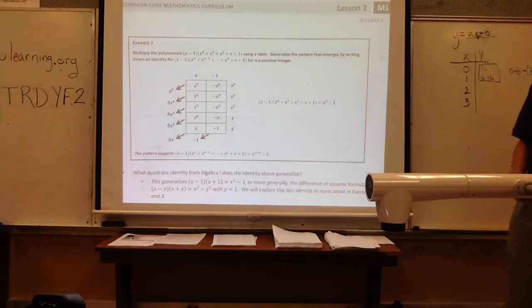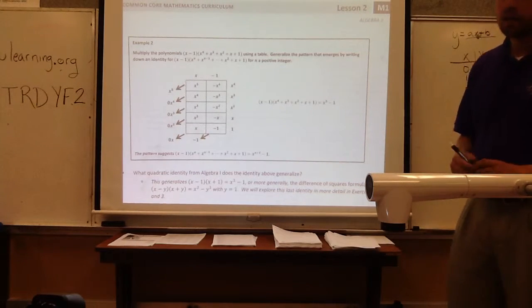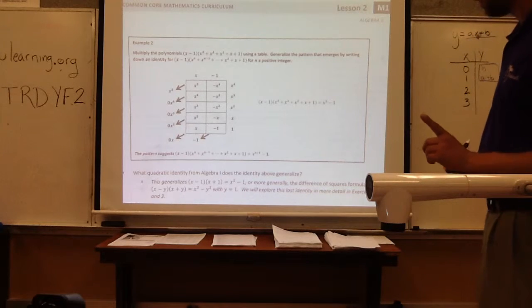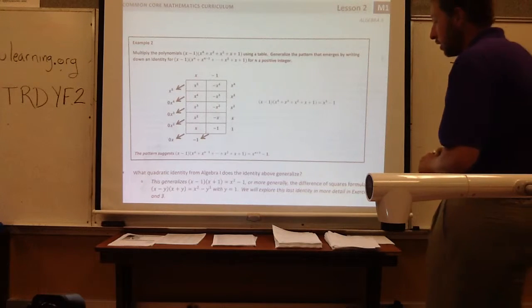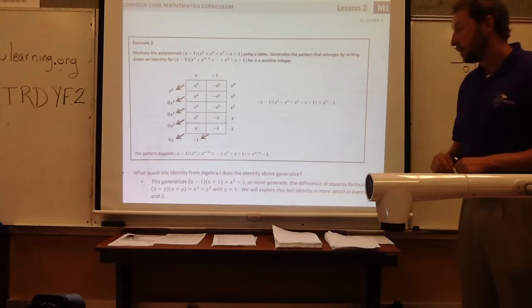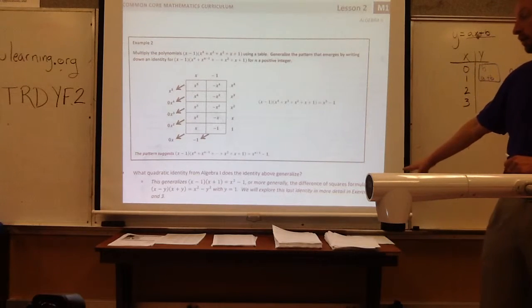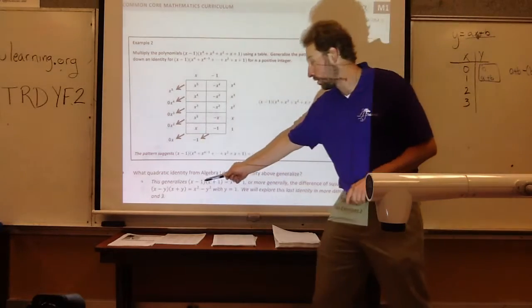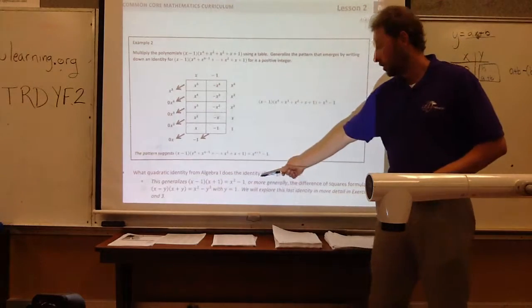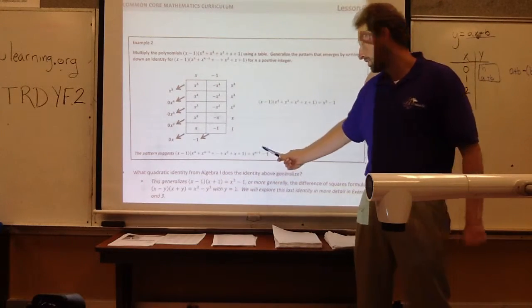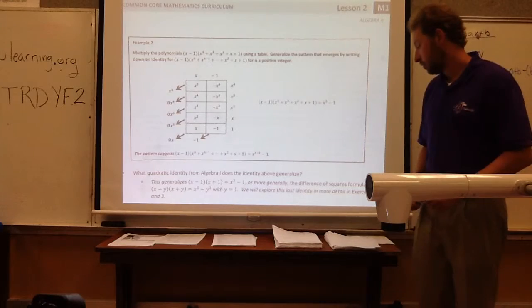This is a connection to a quadratic identity that you should have learned in Algebra 1. The quadratic identity generalized, it says that x minus 1 times x plus 1 is x squared minus 1, and that's exactly what's going on here. Right?